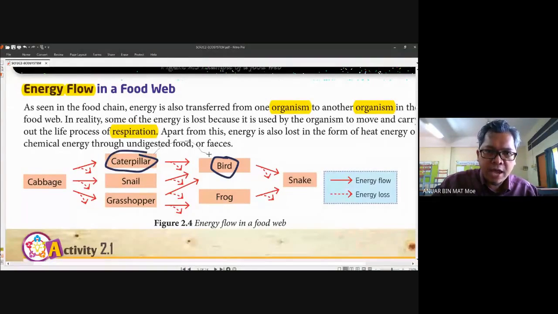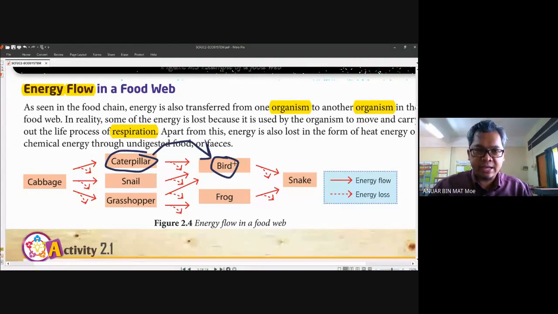So the amount of energy transferred from the caterpillar to the birds, do they gain the energy or is the energy lost? Which one? Vijali, yes. The amount of energy when transferred between two organisms will be lost.